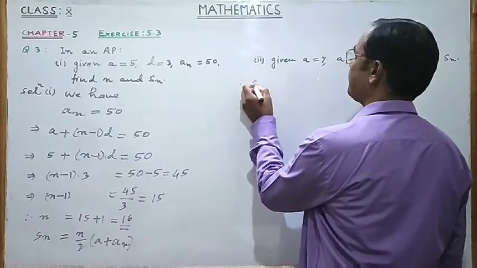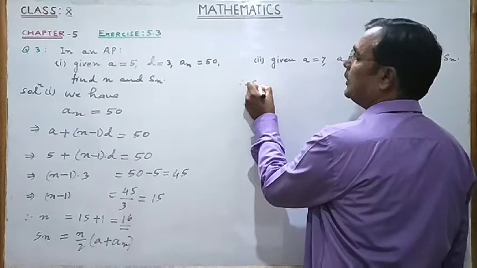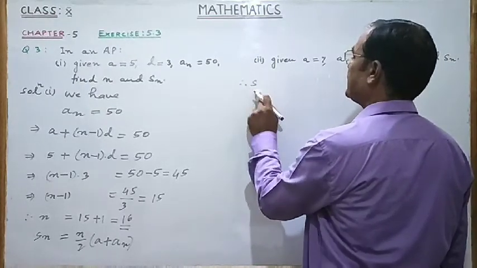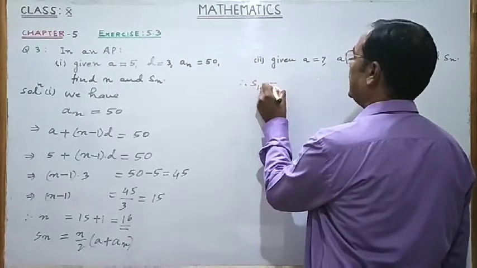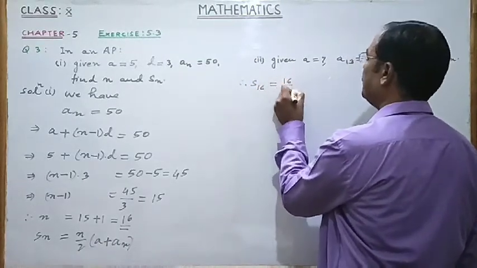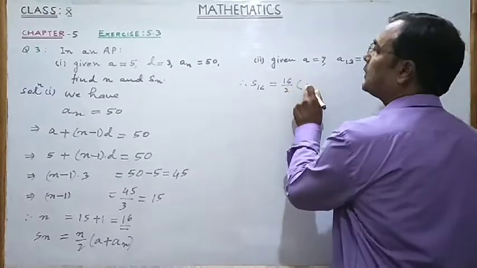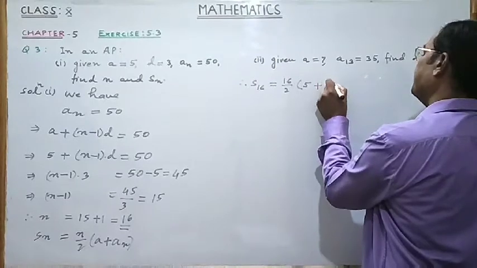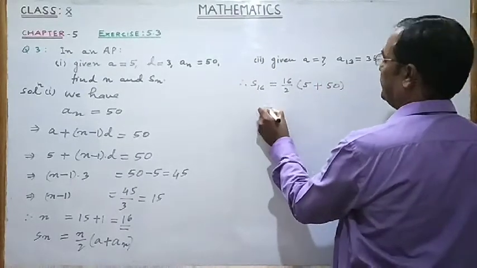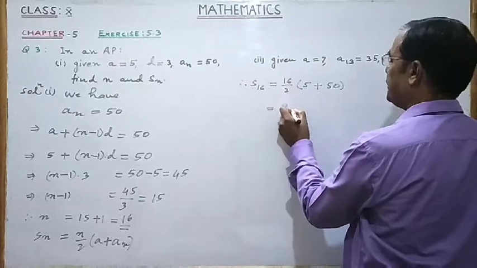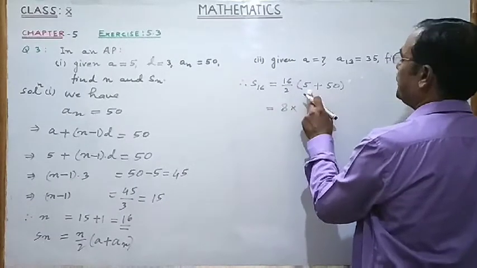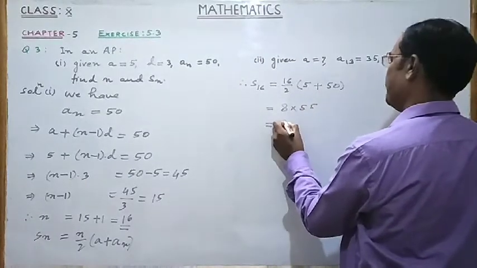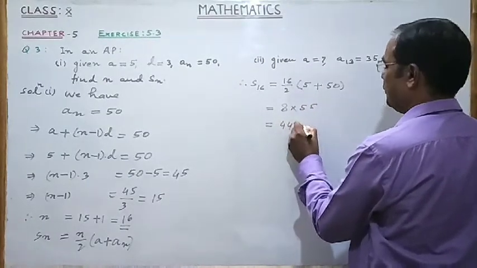Therefore, the sum of the first 16 terms, S16, is equal to 16 by 2 into the first term 5 plus the nth term 50. 16 by 2 is 8 into 50 plus 5, 55, which is 440.